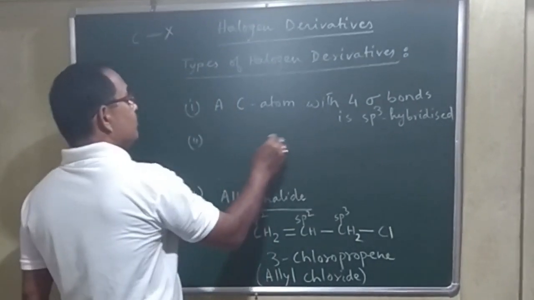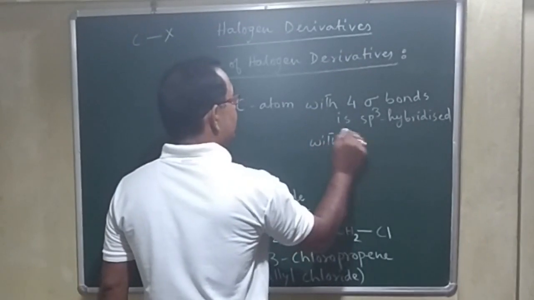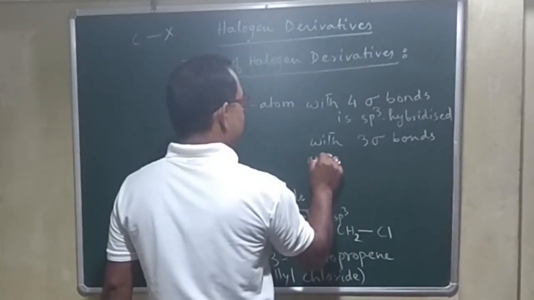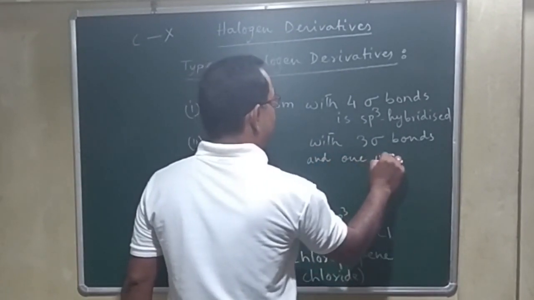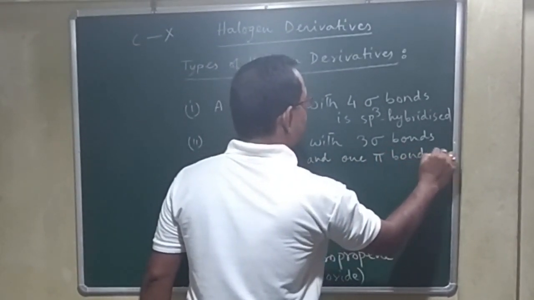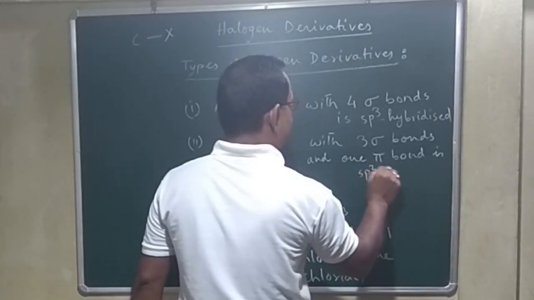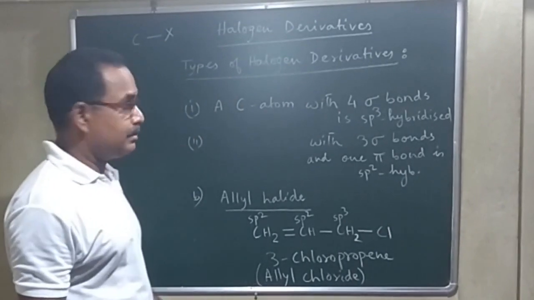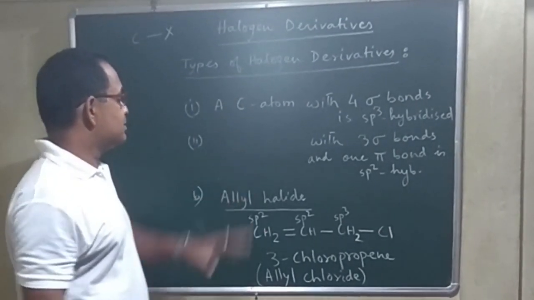A carbon with 3 sigma bonds and 1 pi bond is sp2 hybridized. So remember these points.